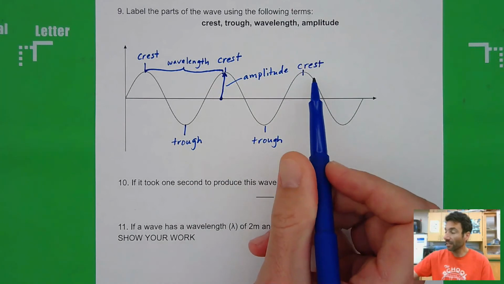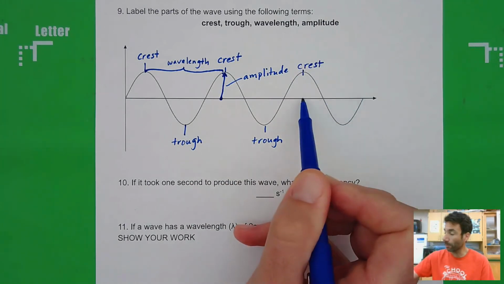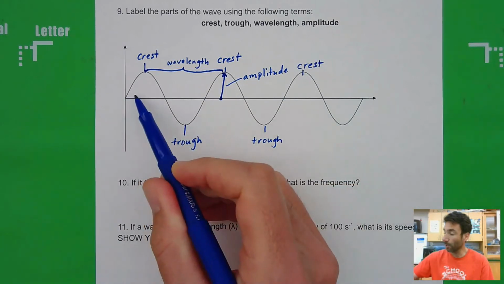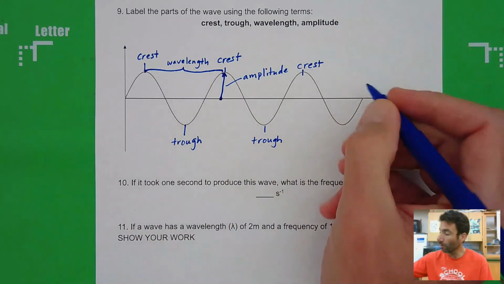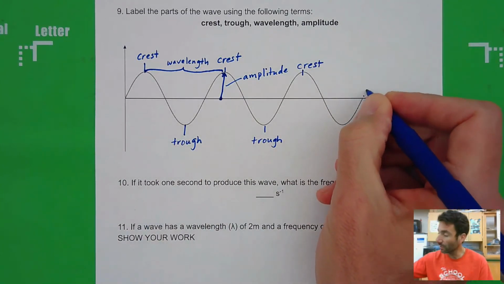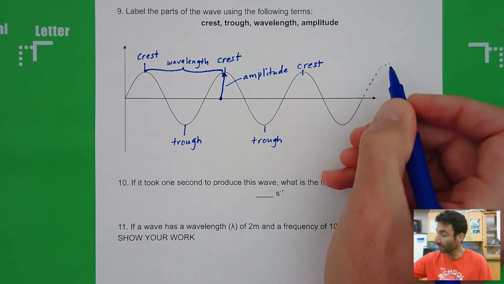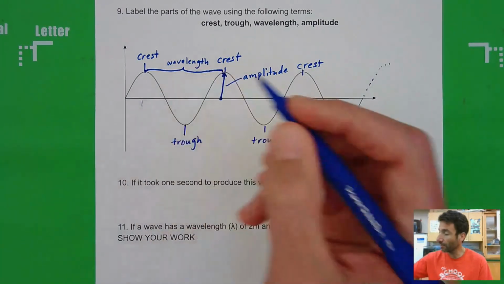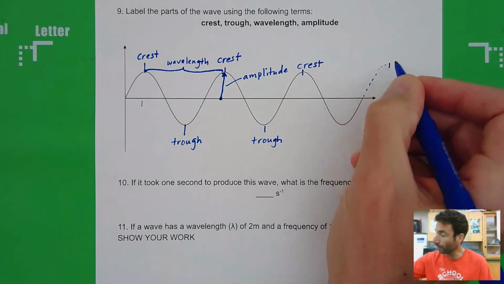However, let's not ignore the fact that we also have this part right here and this little part in the beginning. So if we scooted this whole thing over, what we would find is that this actually goes up to another crest. So if we started it here, it would finish here. And so we have a third wavelength.